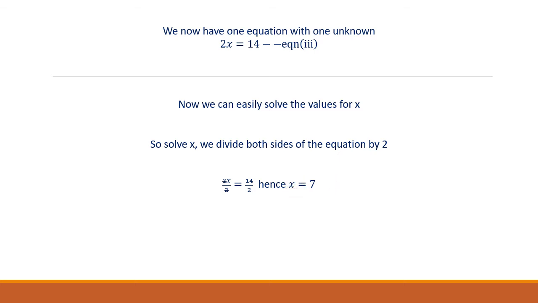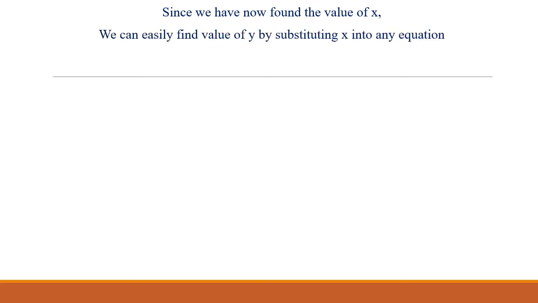Now that we have gotten the value of x, what are we going to do next? We can easily find the value of y by substituting this value of x into any equation. So let's take equation 2, and equation 2 was x minus y is equal to 4.